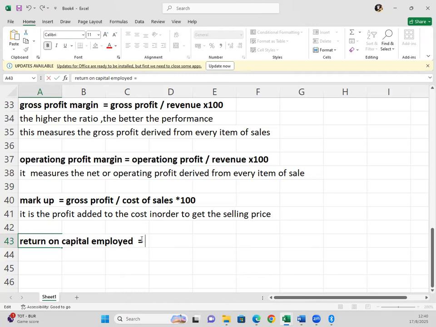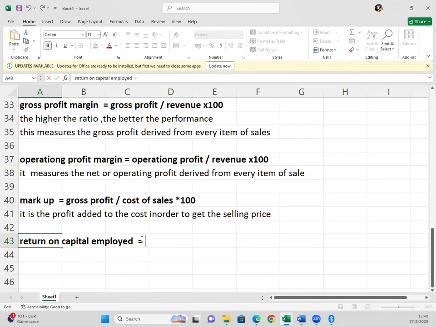Whenever you put your money in the business, you hope it will become more or generate more profit. So from every cent that I injected, how much benefit am I getting? That's the return on capital employed. From what you invested in the company, how much are you getting back as your benefit?